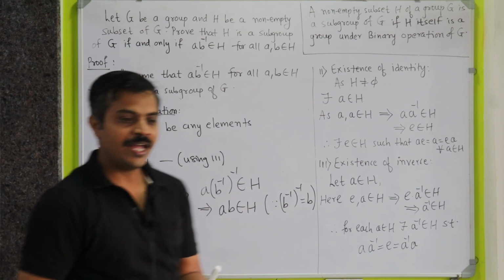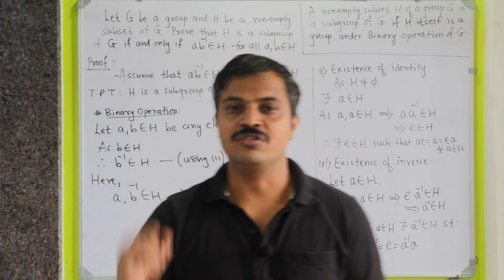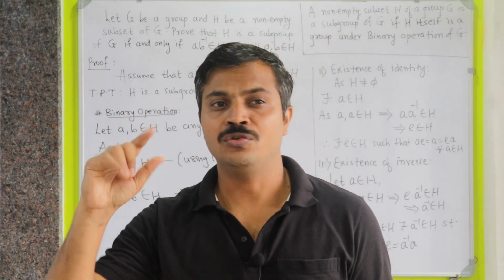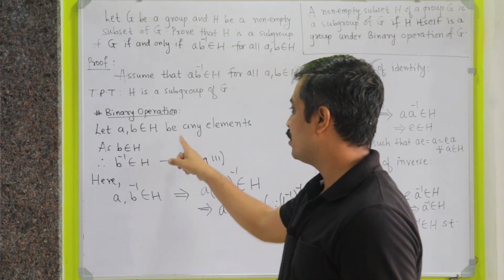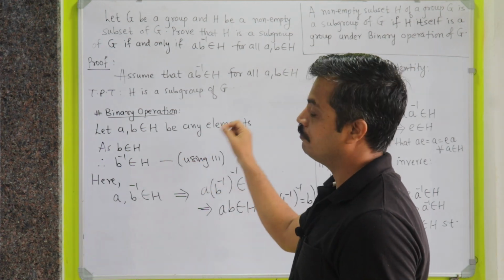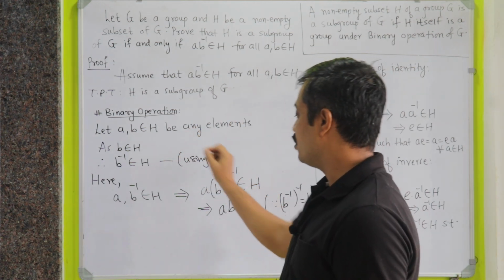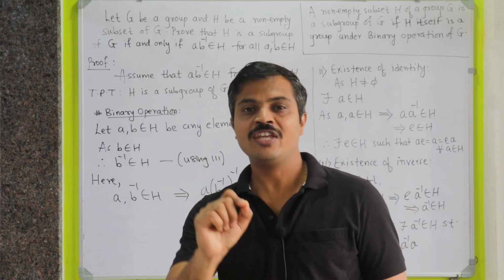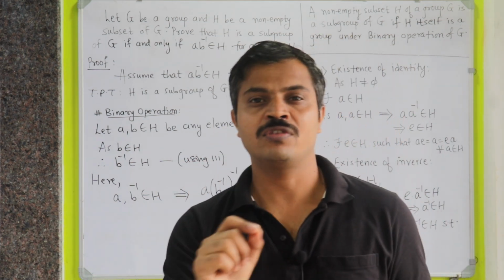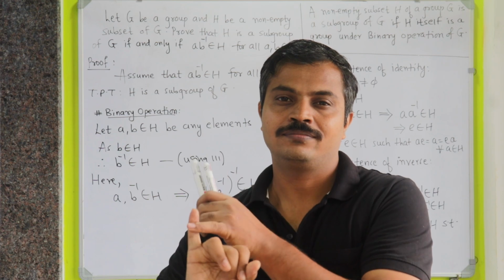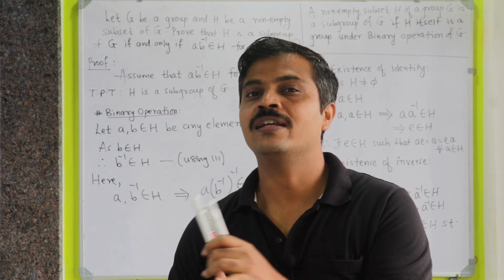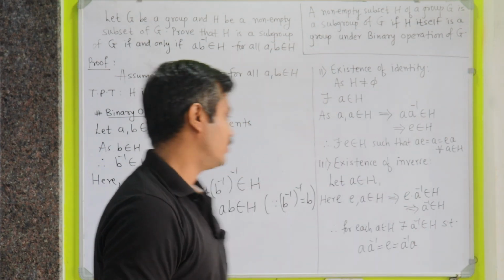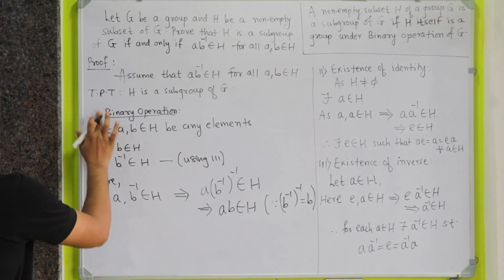So we have shown that H is a non-empty set together with a binary operation. So the binary operation in G is also a binary operation in H, and we have also shown that the elements of H satisfy associativity, existence of identity and existence of inverse. So what we will say, let us call it as 4, right?